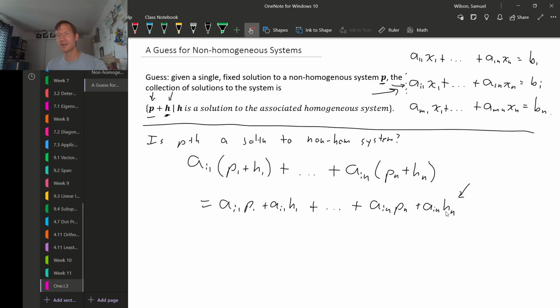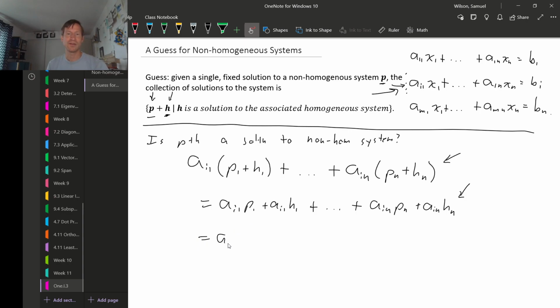One way is to organize it by a's, so group together all the terms that have the same a, but that's actually how it started out. The other way to group it is to group together all of the terms that have p's and all of the terms that have h's. So let's do that. This is just rearranging the big sum.